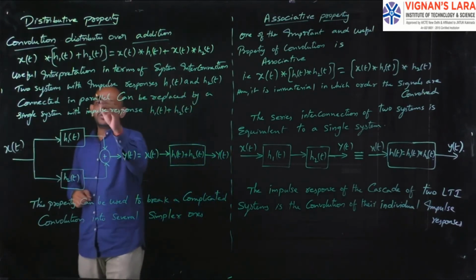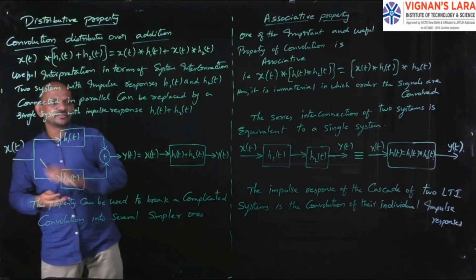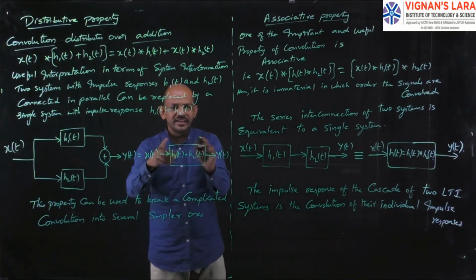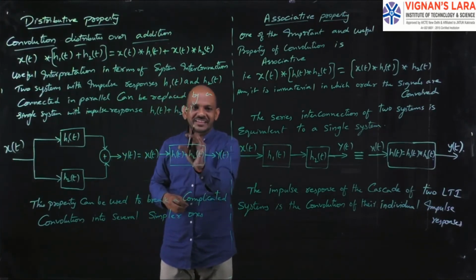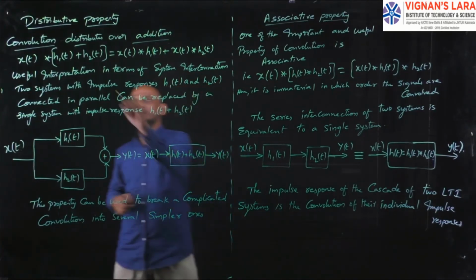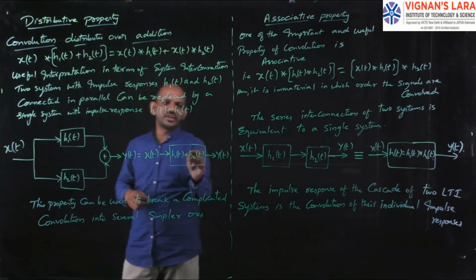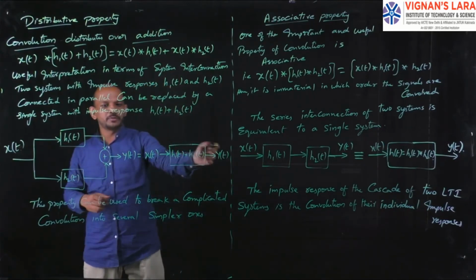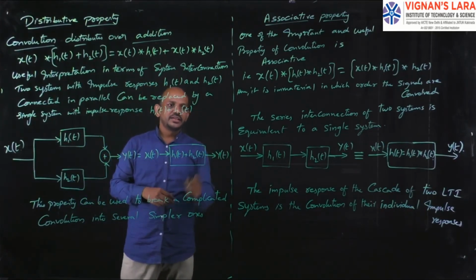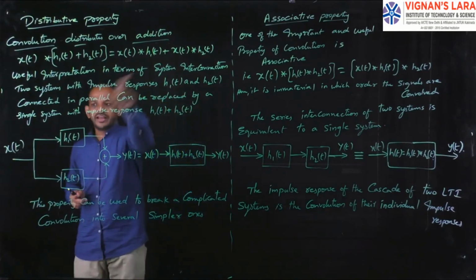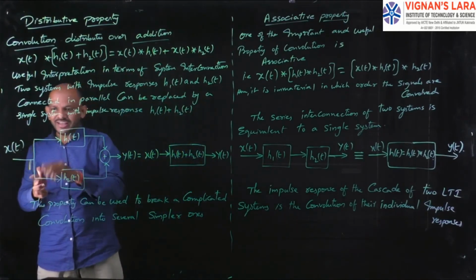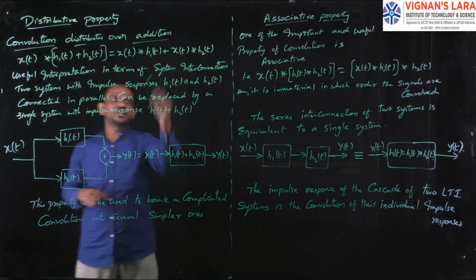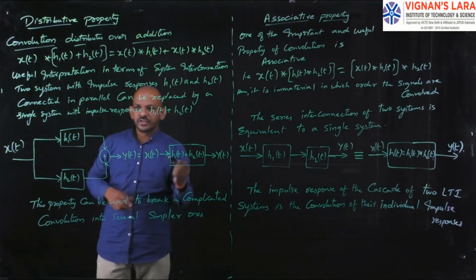Now, x of t is given as input to a system whose impulse response is a combination of h1 of t plus h2 of t, and it is producing an output y of t. Then y of t is equal to x of t convolution h1 of t plus x of t convolution h2 of t. Simple.